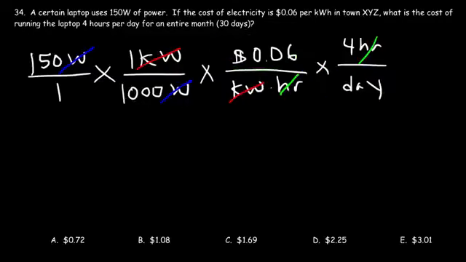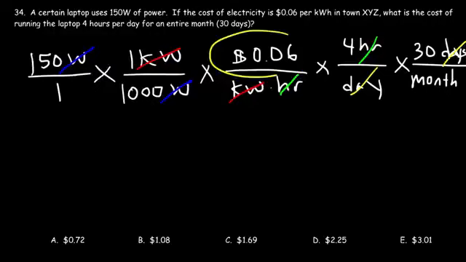Now let's convert days to months. In this example, there's 30 days per month. And I'm running out of space. So now we have the cost of the laptop per month.